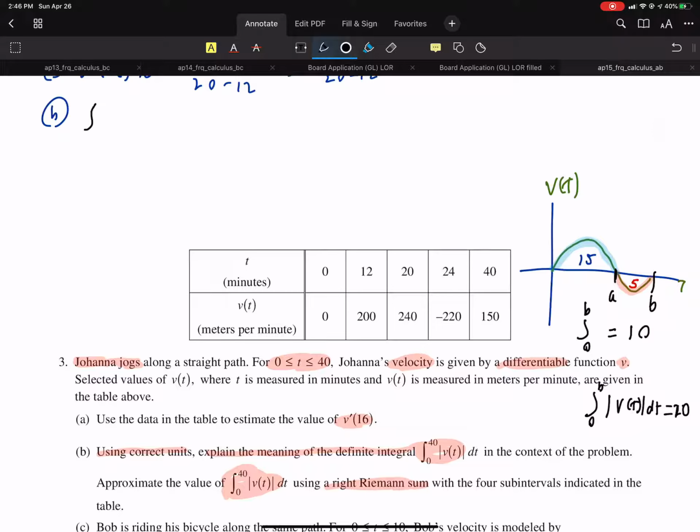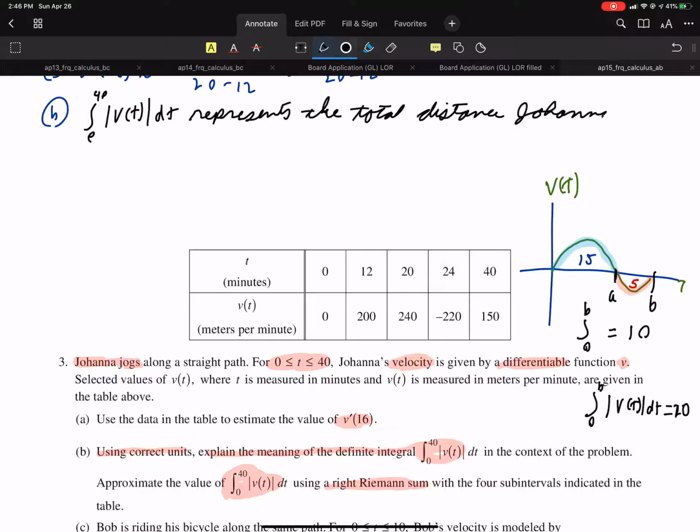The integral from 0 to 40 of the absolute value of v of t represents the total distance Johanna jogs.